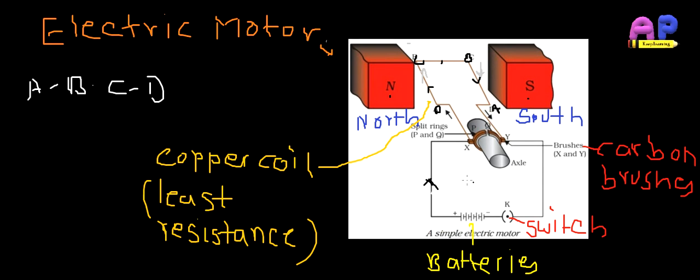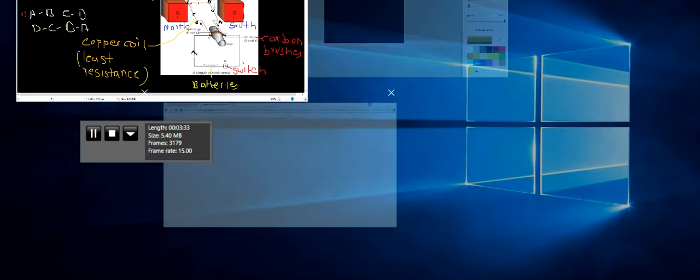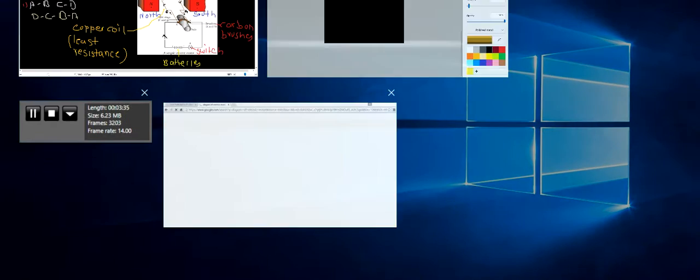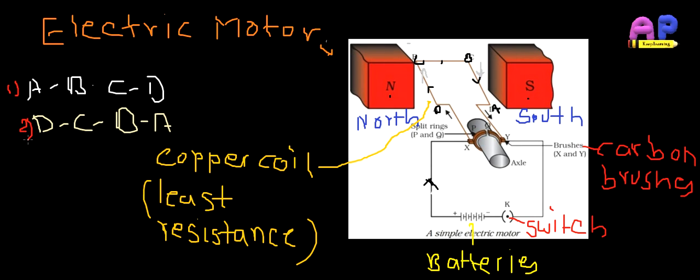Now the direction of the current will be the same, but the points through which it's passing will be D, C, B, A, which is exactly opposite to the first. So these are the first points through which the current was moving, and these are my second points where the current is moving.